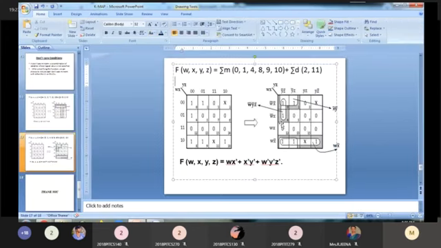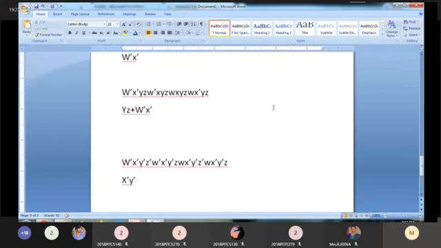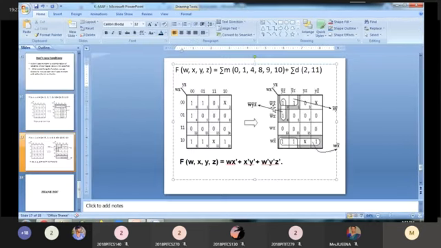Then second, this pairing. Okay, W bar, X bar, Y bar, Z bar. What is the next value? W bar X, Y bar, Z bar.